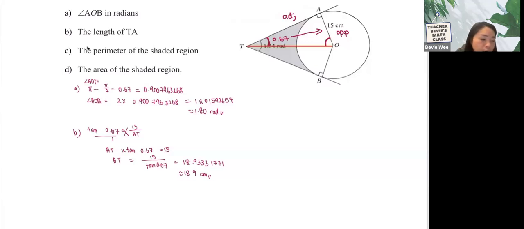Okay, now I want the perimeter of shaded. You guys are gonna help me with this. We have already got AT and that's the same as BT, right? So now you're gonna help me with finding AB. AB is easy.